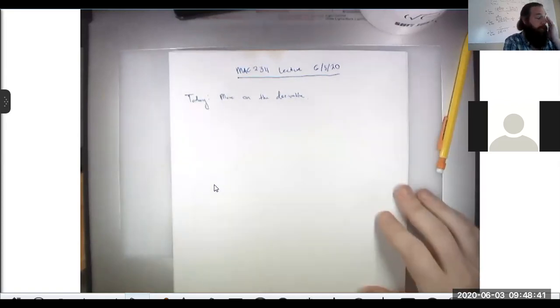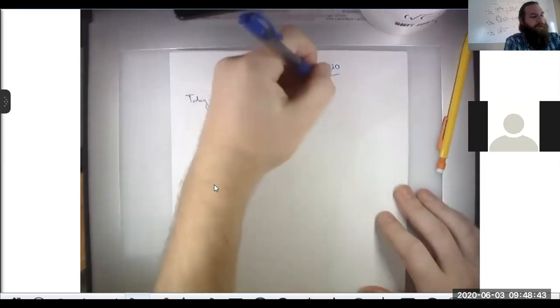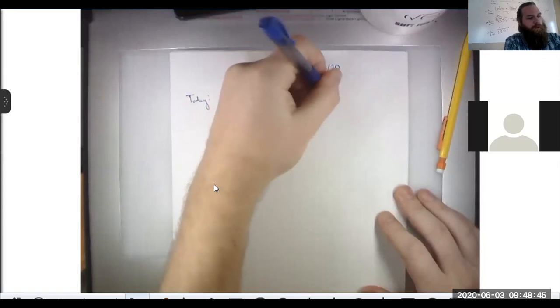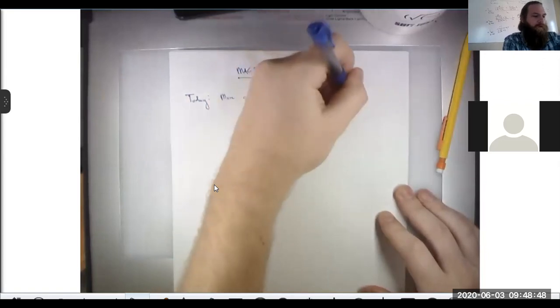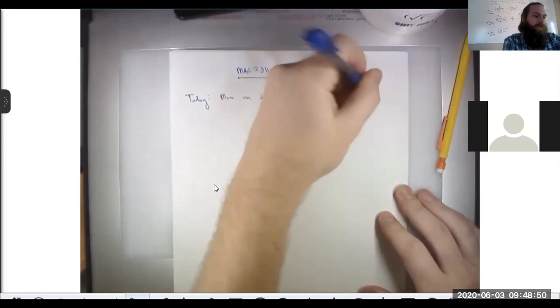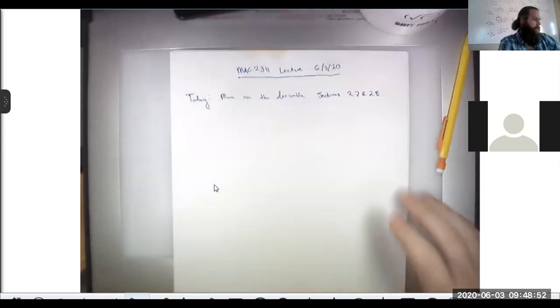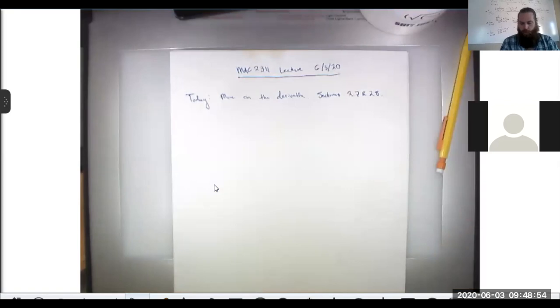Last time we spent most of our time on section 2.7. Today we're going to do a little mixture of 2.7 and 2.8. 2.7 is where we define the derivative, and 2.8 is where we study the derivative as a function in its own right.